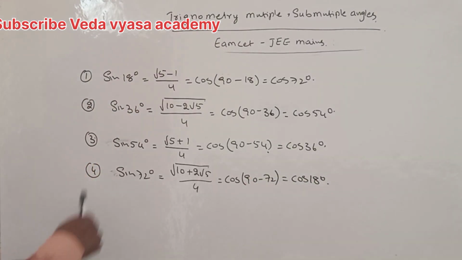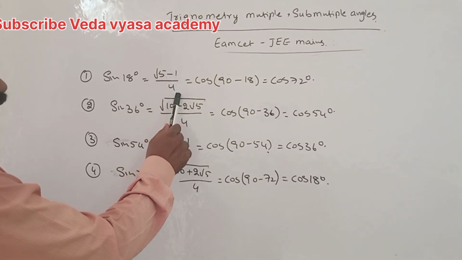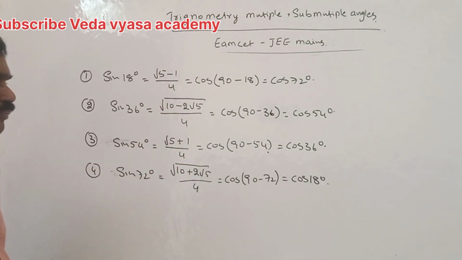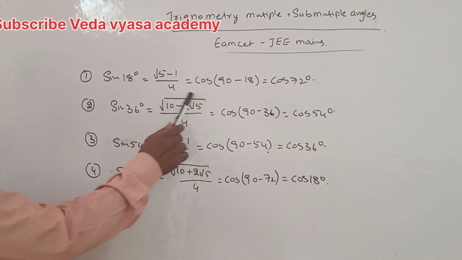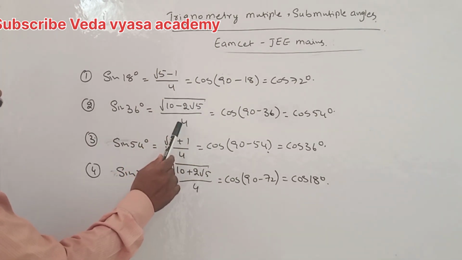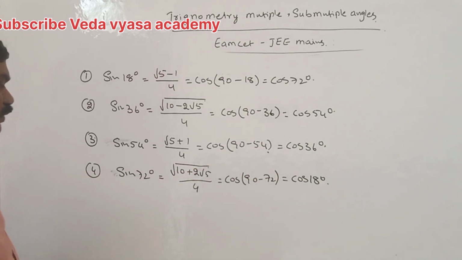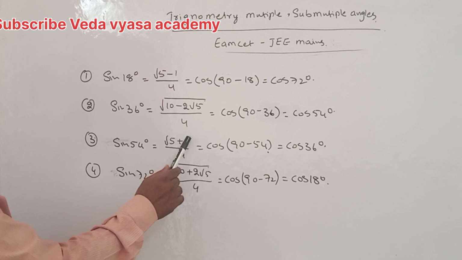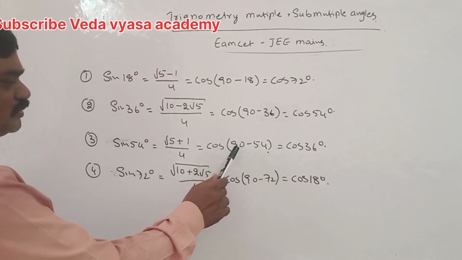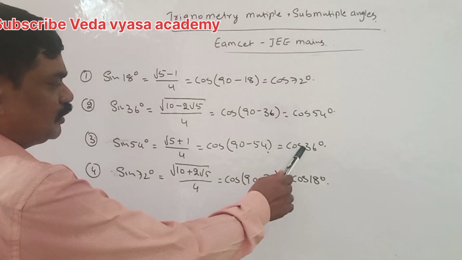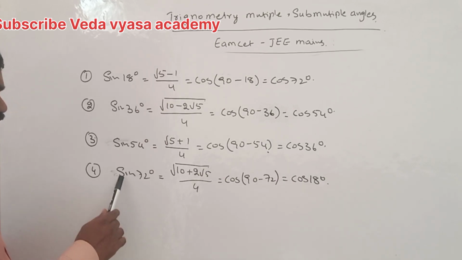So we have sin 18 degrees is equal to root 5 minus 1 by 4, which is cos 72 degrees. Sin 36 degrees is equal to root over 10 minus 2 root 5 by 4, which is cos 54 degrees. Sin 54 degrees is equal to root 5 plus 1 by 4, which is cos 36 degrees.